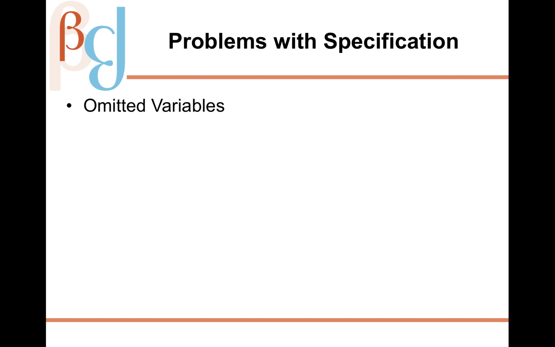The first one is the so-called omitted variable. This is a variable that is important to have to explain the dependent variable, but for whatever reason, we don't include it. Either it's impossible to obtain, it's impossible to measure, or we simply forgot. In that situation, we're going to be looking at a problem called omitted variable bias. I'll explain to you what that omitted variable is in this unit.